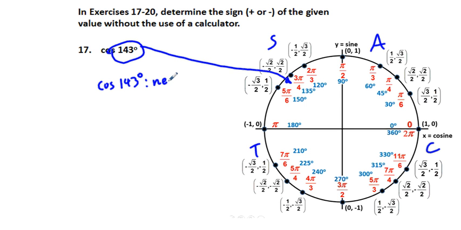That's just like x and y, these values of sine and cosine. We have x and y positive in the first quadrant, x negative, y positive, so this is in quadrant 2.